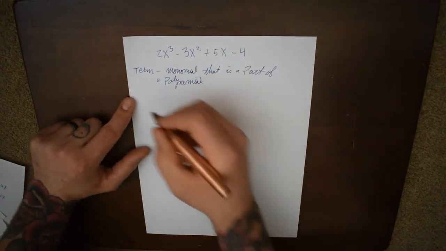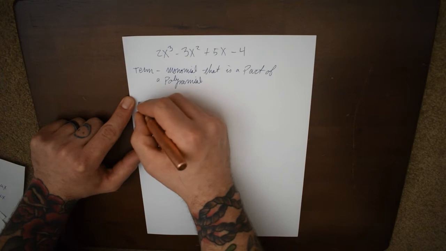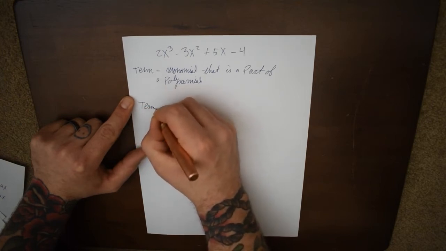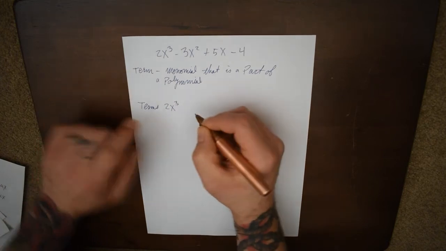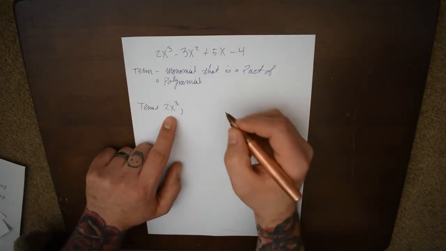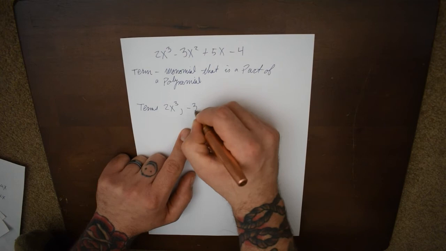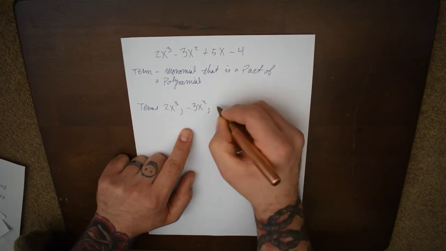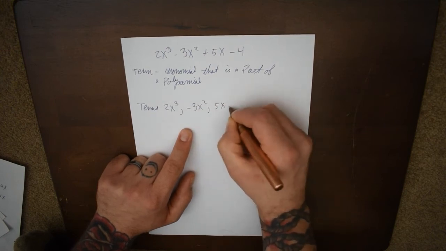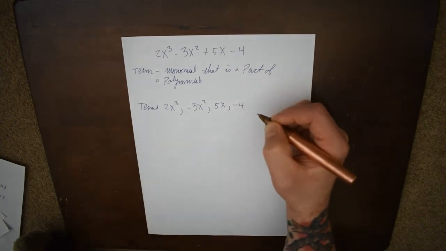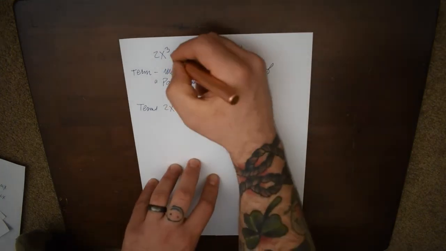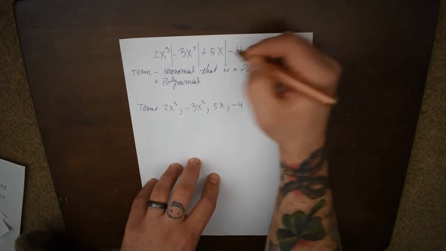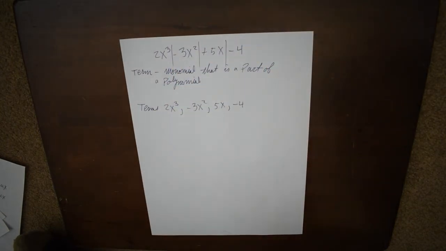So, all of our terms for this polynomial: our terms are 2x cubed, because that's a monomial. Another term is negative 3x squared. Another term is 5x. And another term is negative 4. Those are all of our terms.